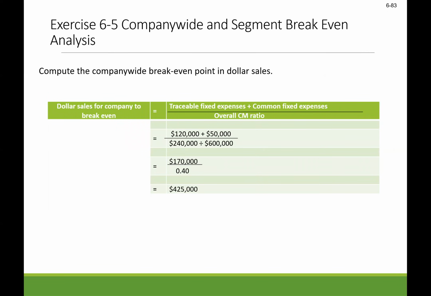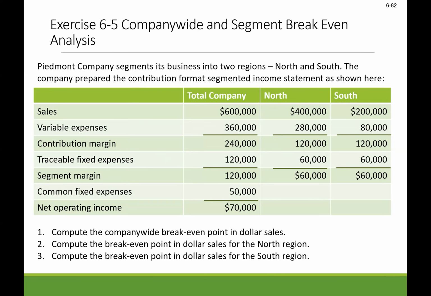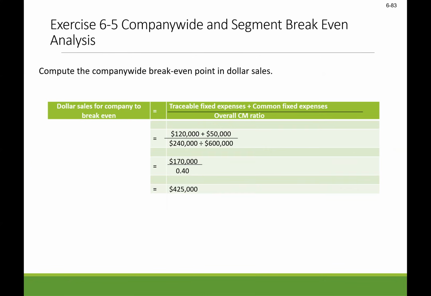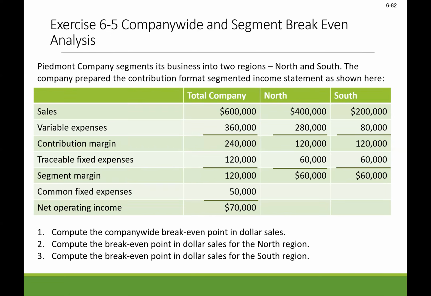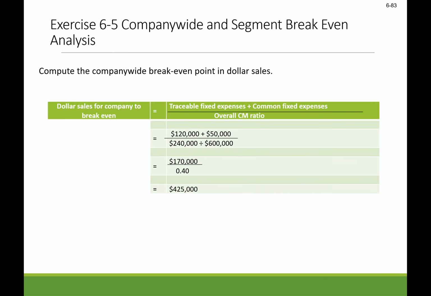So we take 120,000 fixed plus the 50,000 common. It's 170,000. We divide that by the 240 contribution margin divided by the sales, which gives us a break-even of 425,000.